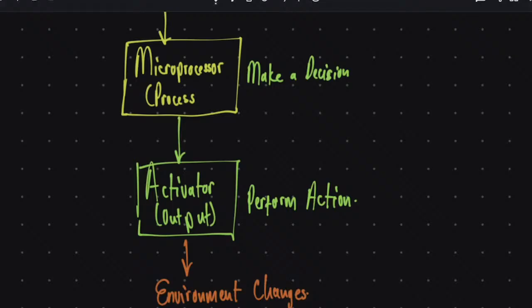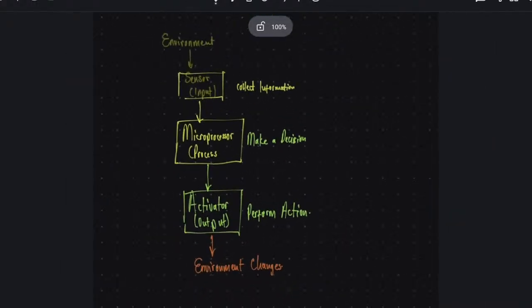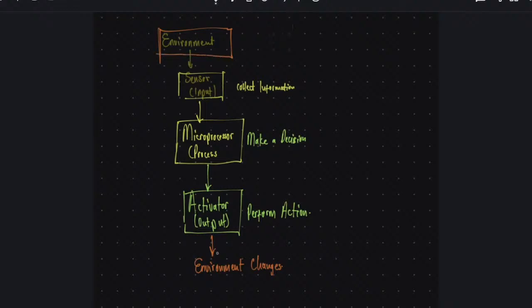So now we're going to be writing this. You start from the environment, and this all goes on. Maybe let me do it like this. We have the environment, and the environment will change.